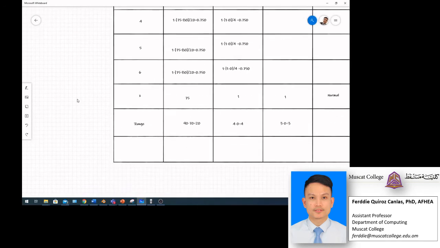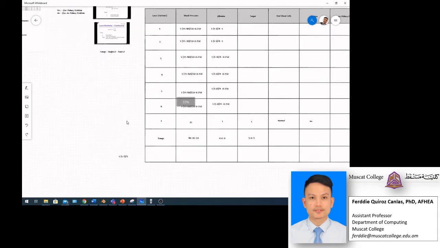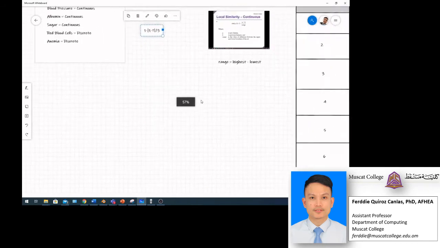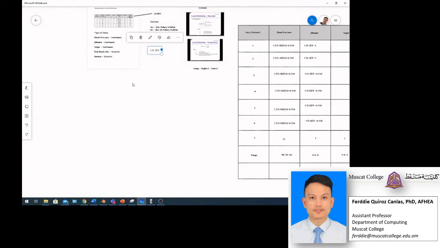So the new case is 1. We can write 1 minus the absolute value of 1 minus the first patient's value, then divide by the range. How much is the range? 3, right? So let's check the value of the first patient for the sugar.